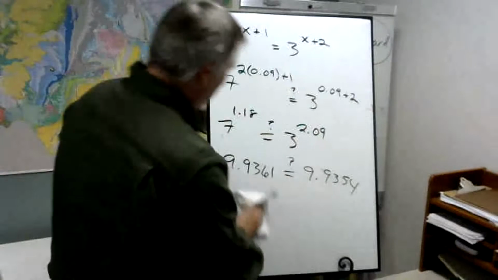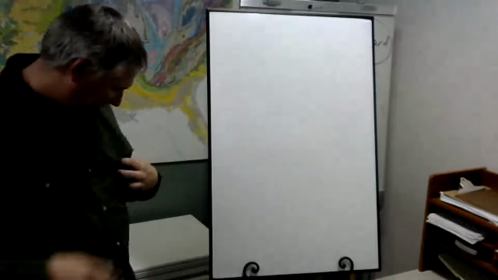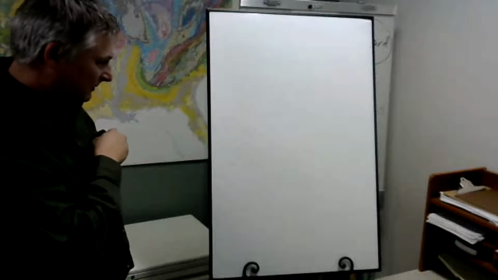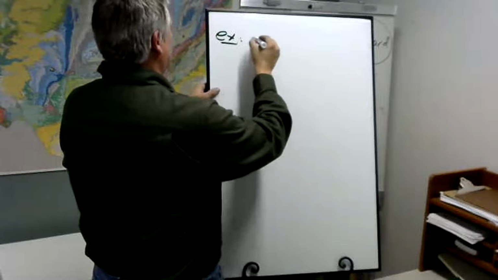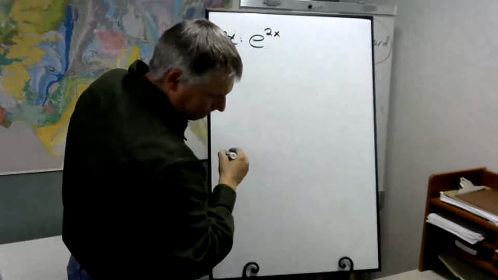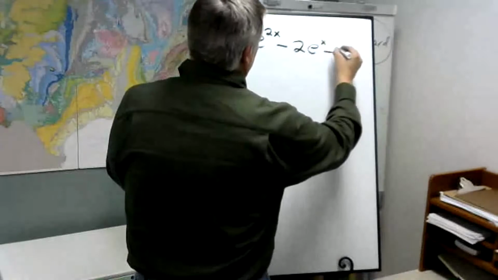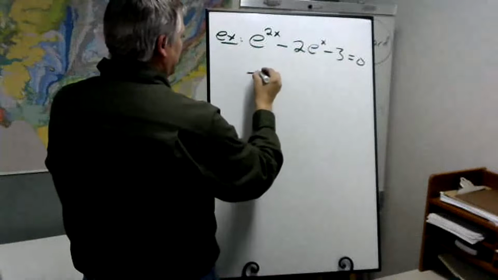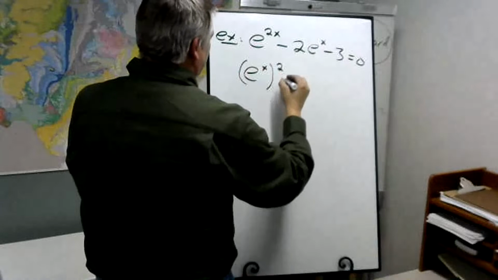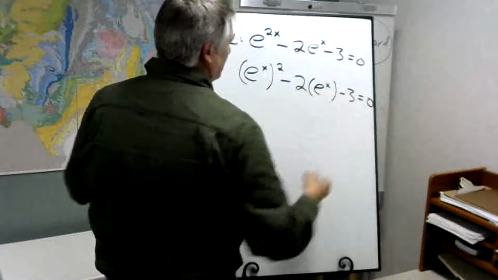All right, let's look at this one. So what we can do is rewrite this as e to the x squared minus 2 e to the x minus 3 equals 0.